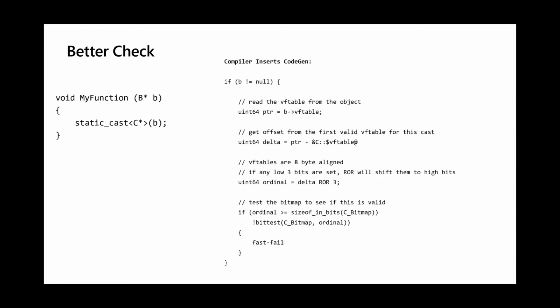If the index is so big that it's not even in bounds of the bitmap, then you know the cast is illegal. And if it is in bounds, then you do the bit test. And if the bit is a 1, the cast is allowed. If it's a 0, the cast isn't allowed. So this is a lot better. This cast check ends up scaling pretty well. It doesn't matter how many vtables you have, really. It still is a pretty constant time operation that you're doing.